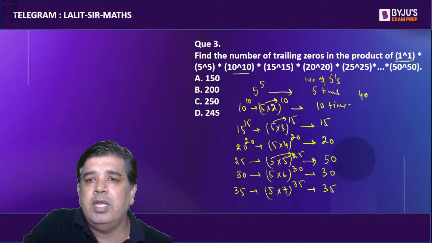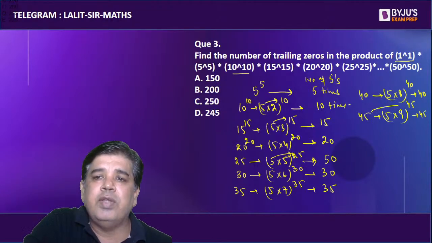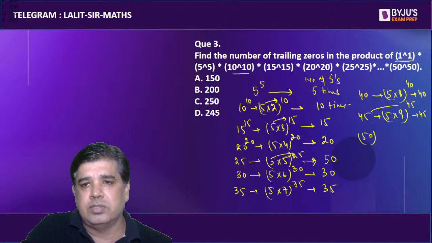Then we have 40, which is 5 into 8, raised to power 40. So 40. Then 45, 5 into 9, raised to power 45, so 45 times.